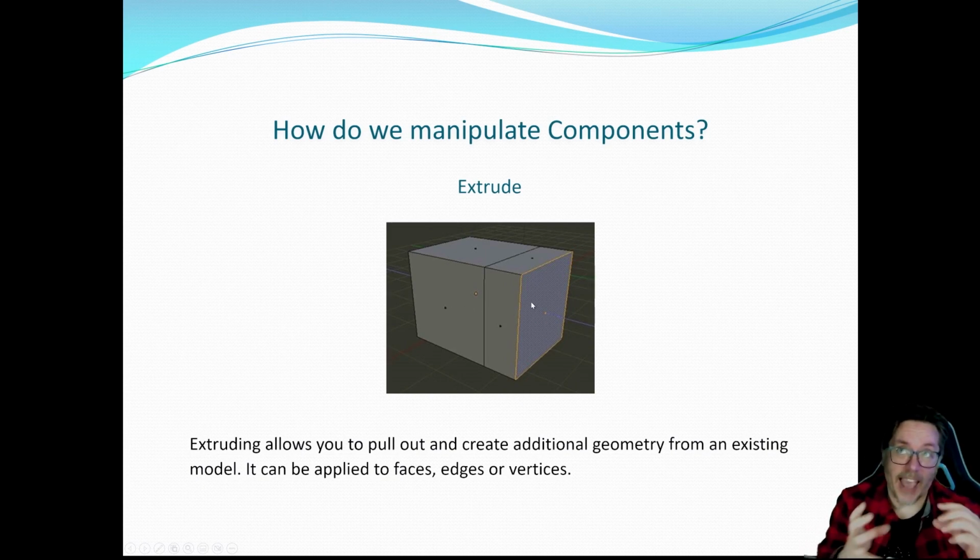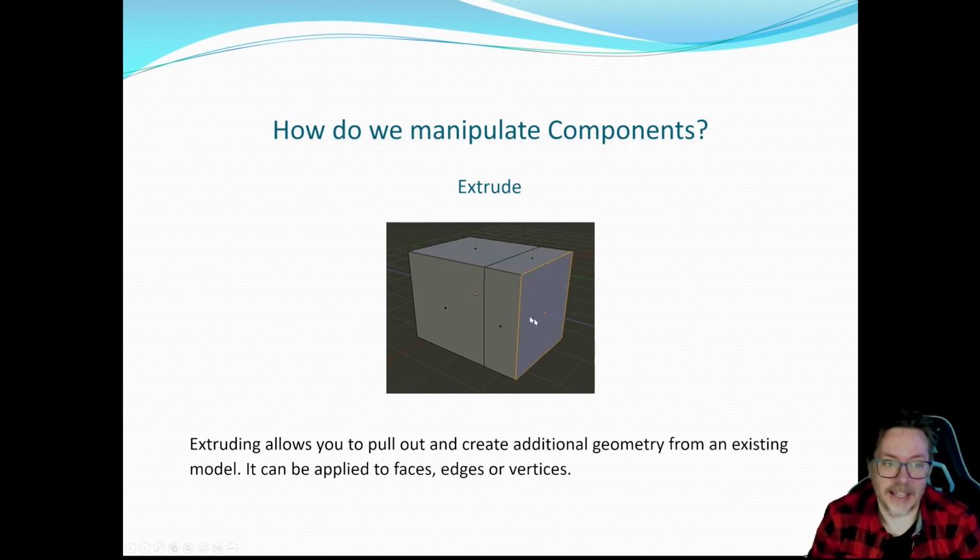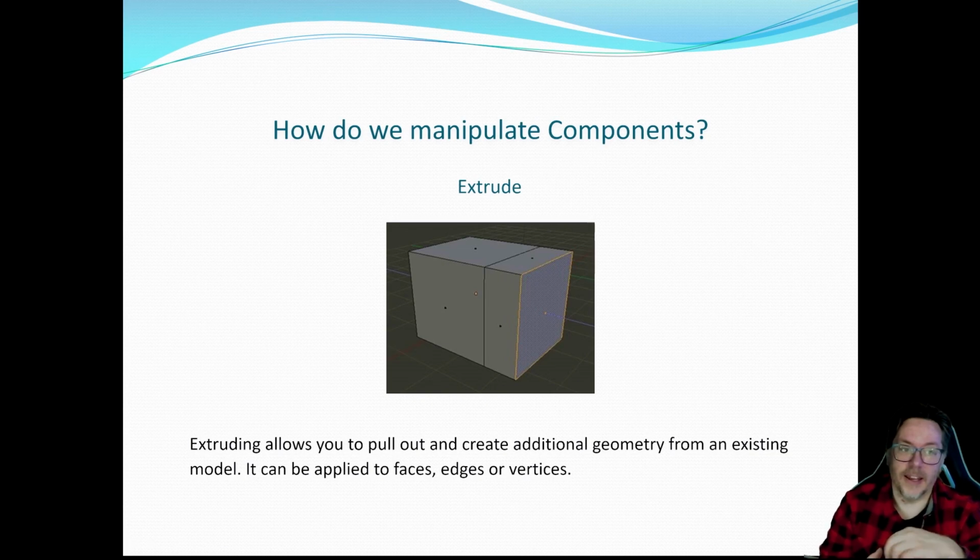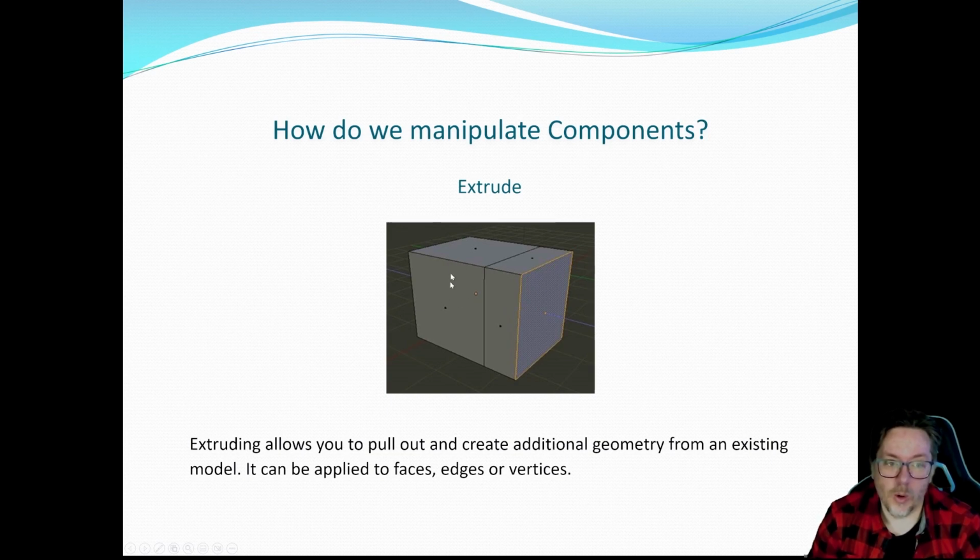You can also extrude inwards. If I wanted to make this cube hollow on the inside, I would grab this face and push it inward. But that would probably cause issues, because there's already a face here and I'm trying to push inward on a face.